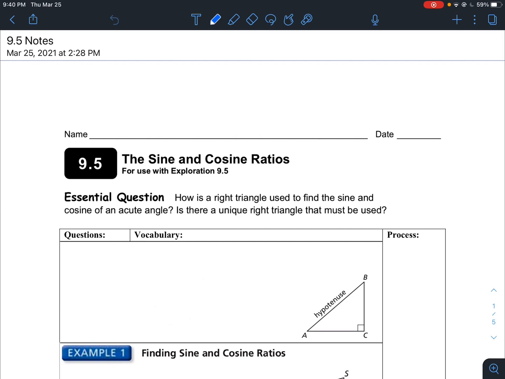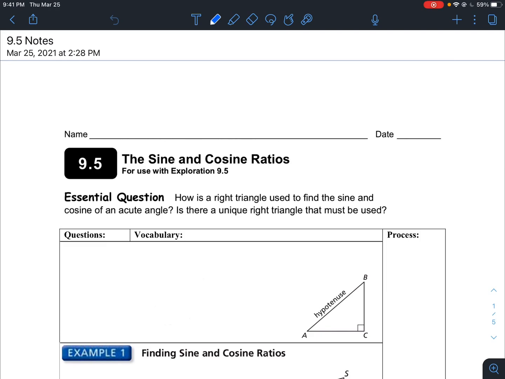We just finished 9.4, where we talked about the tangent ratios. Now we're talking about two other ratios which describe different pairs of sides in a right triangle.